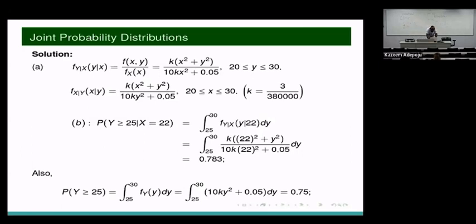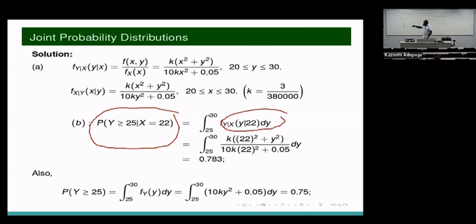Before you can actually figure out this guy, you need a conditional function. That is going to be the conditional function of y given x, because they said find the probability of y greater or equal to 25, given x equal to 22. So the conditional function that you need is actually f of y given x.